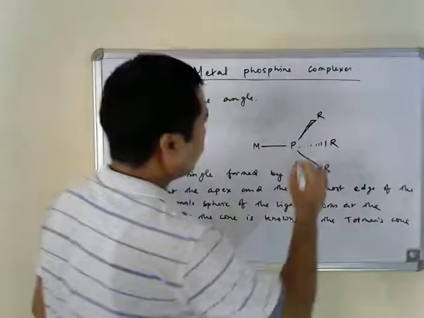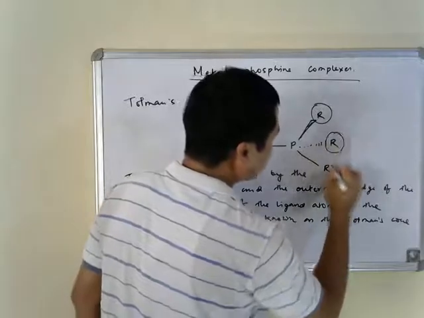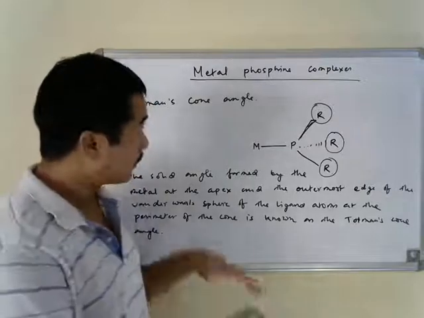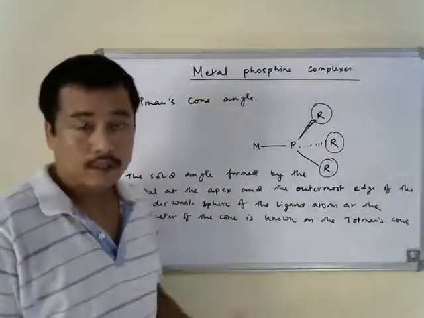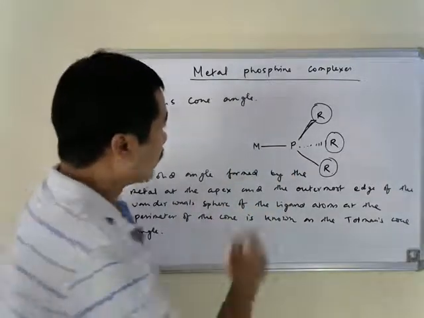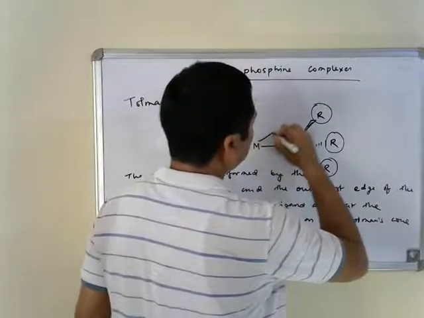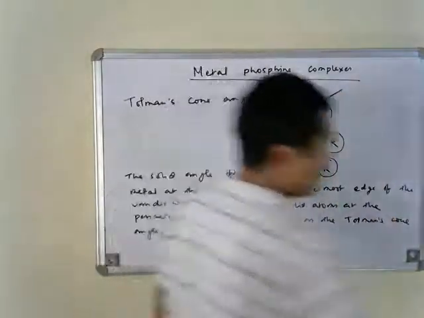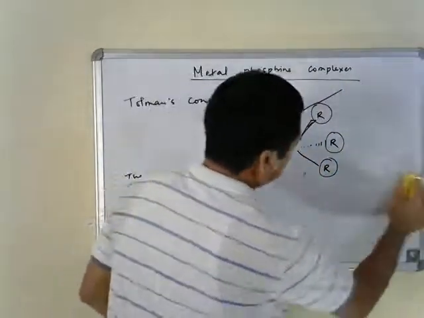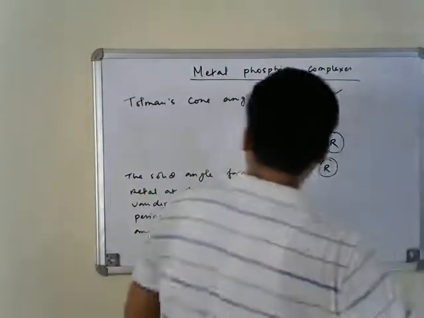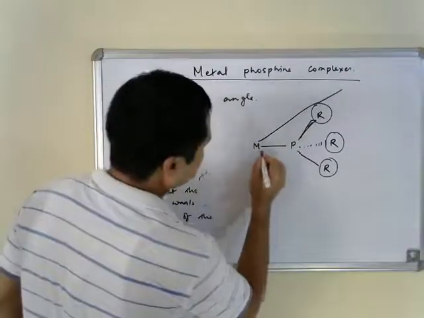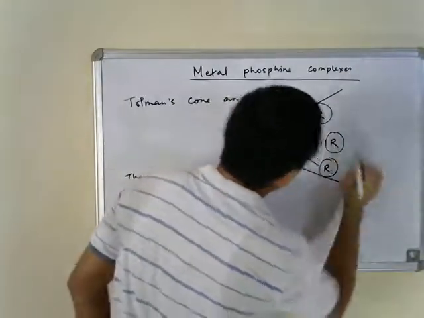That is, we look at the van der Waals sphere of these ligand atoms at the outermost edge, and then we consider a cone starting from the metal, that is, the metal will be at the apex, and one can now consider a cone.